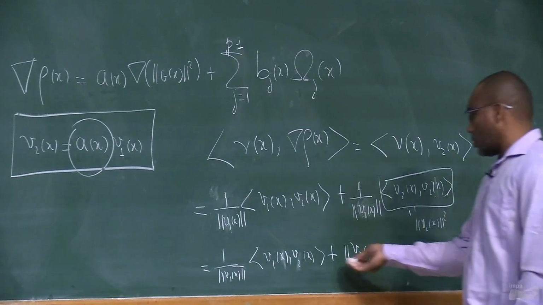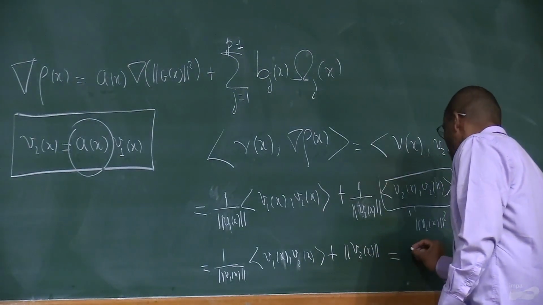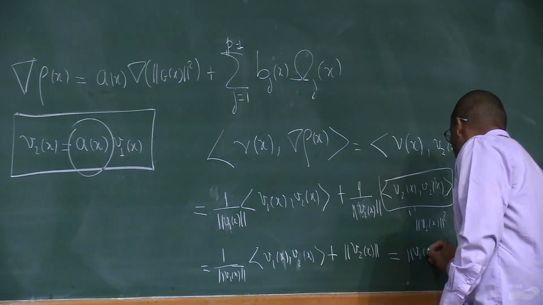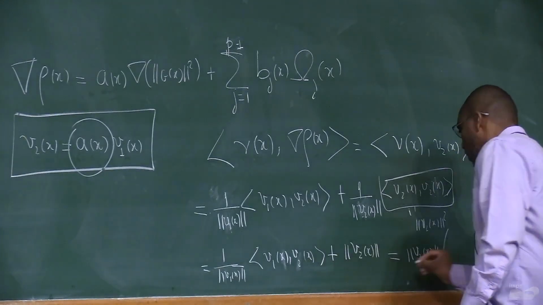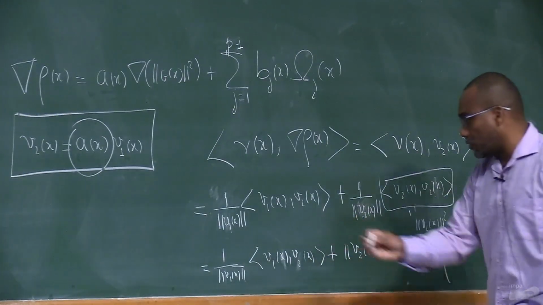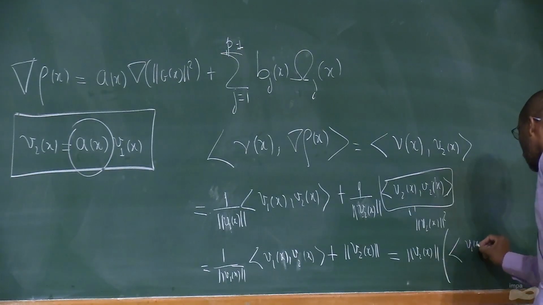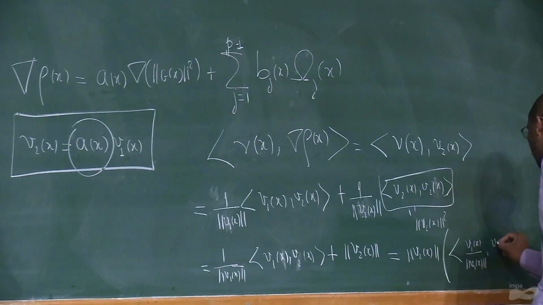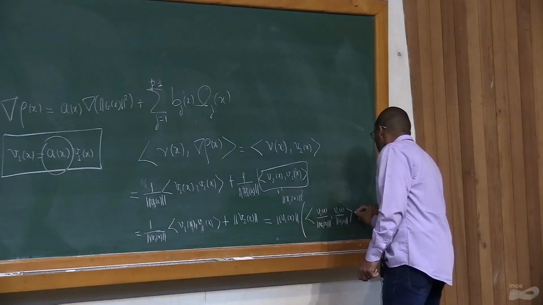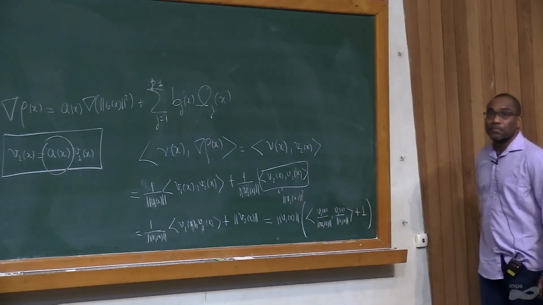And if you take this guy and put it in evidence, you get something like V1x over absolute value of V1x, V2x over absolute value of V2x, plus 1.